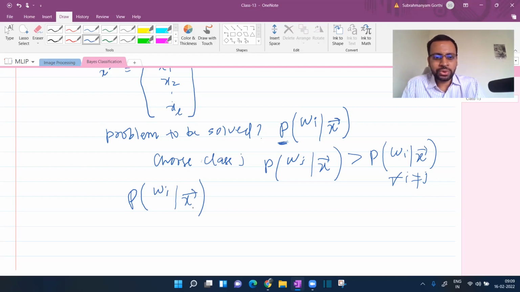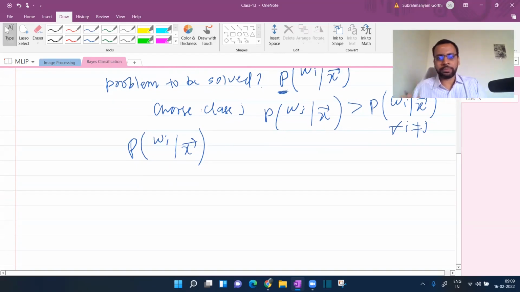And what comes to our rescue here is Bayes' theorem. If you work out with me till the end of this class, you would be able to realize and appreciate how we would be able to compute these values.